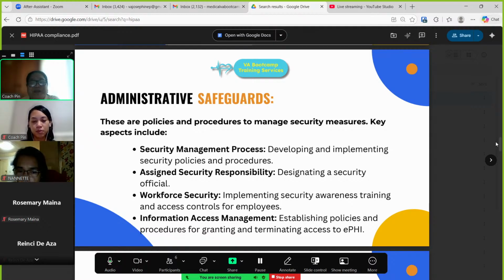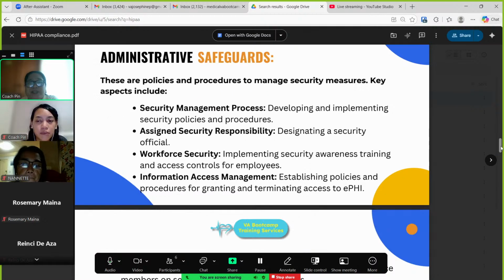Okay. Next is administrative safeguards. These are policies and procedures to manage security measures. Key aspects include security management process, developing and implementing security policies and procedures, and designating a security official, and then implementing security awareness training and access control for employees, and establishing policies and procedures for granting and terminating access to EPHI.